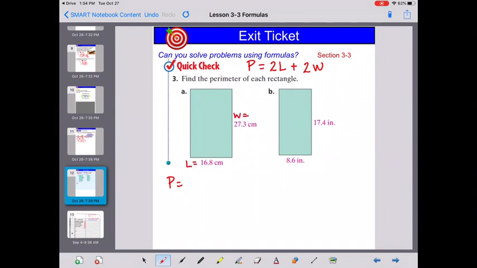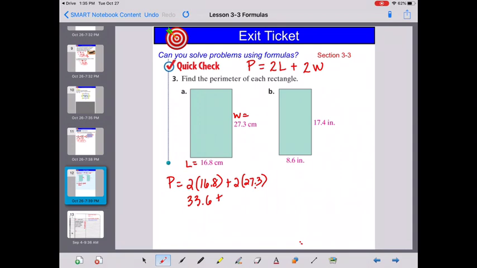All right. I've got a length, and now if you labeled it differently than what I did and you changed which one was the length and which one was the width, that doesn't matter. You'll get the same answer. 2 times 16 and 8/10 plus 2 times 27 and 3/10. So 2 times 16 and 8/10 is 33 and 6/10.